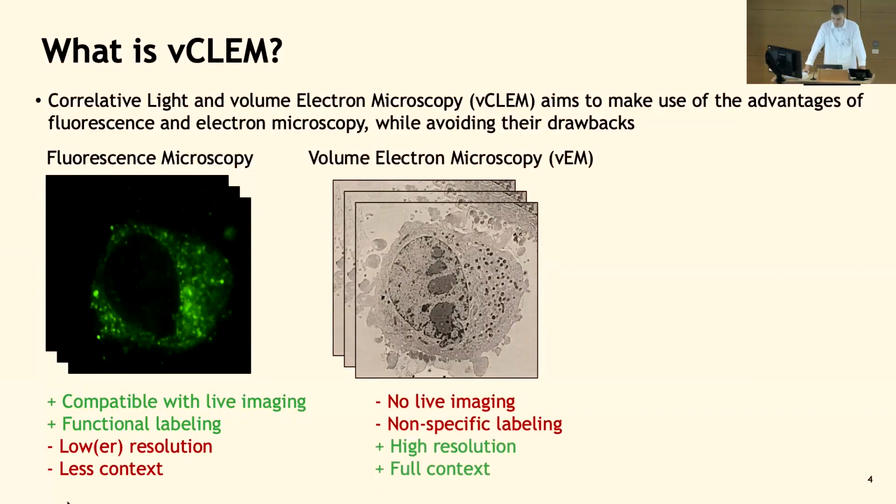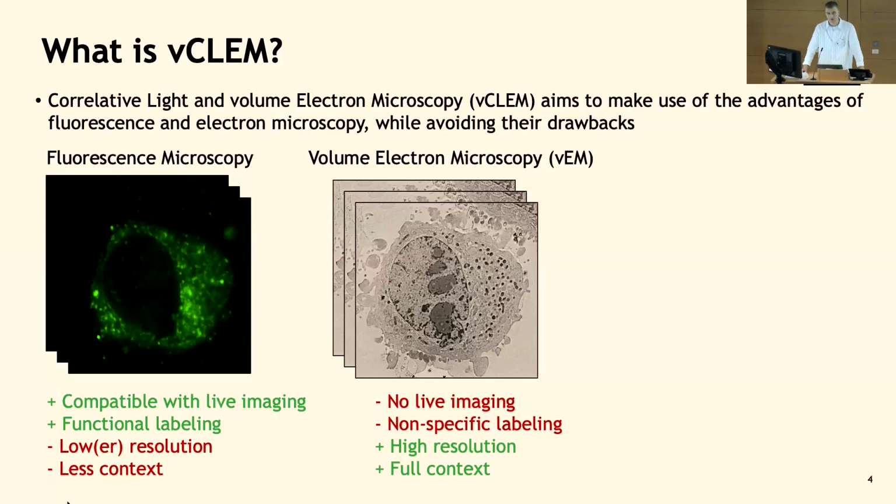So volume electron microscopy, on the other hand, denotes a set of high-resolution imaging techniques used in biomedical research to study the 3D structure of cells. And due to the fixation process, the cells are generally very dead, meaning we cannot do any live imaging. And unlike fluorescence microscopy, electron microscopy is non-specific, meaning it doesn't inherently provide information about specific molecules or compartments in the sample.